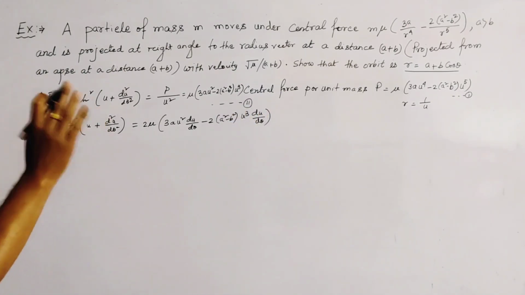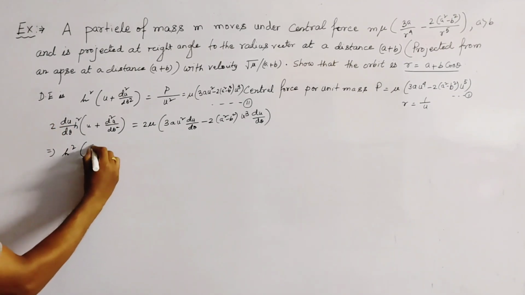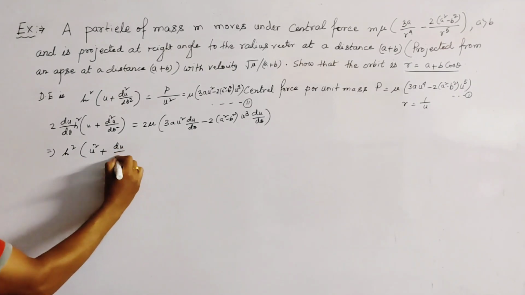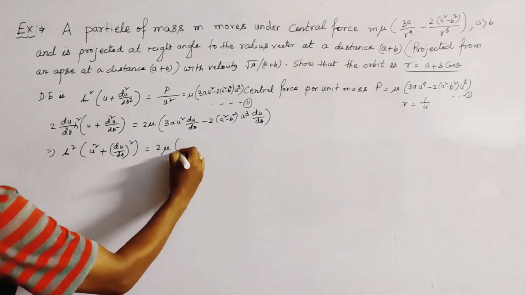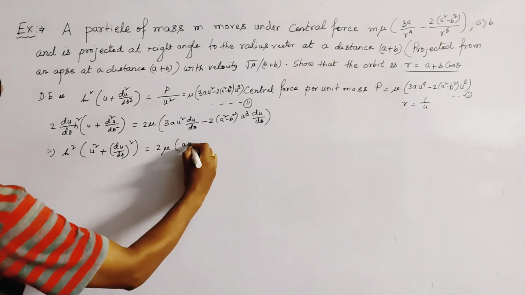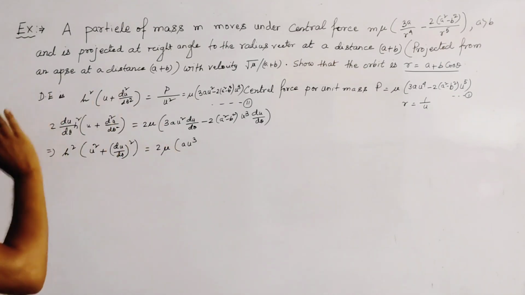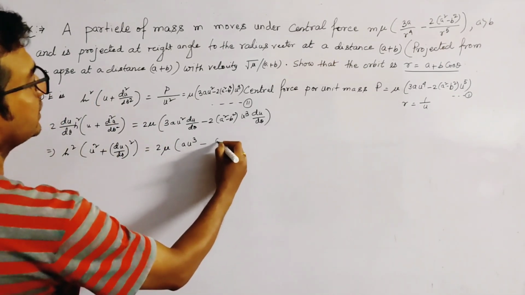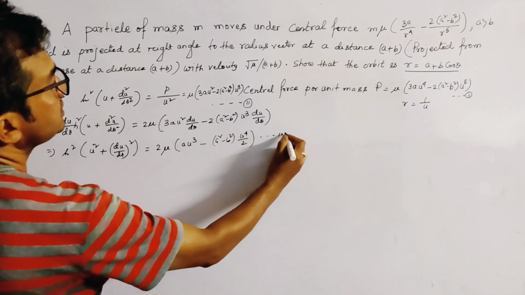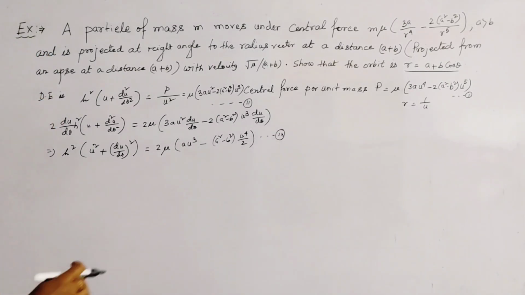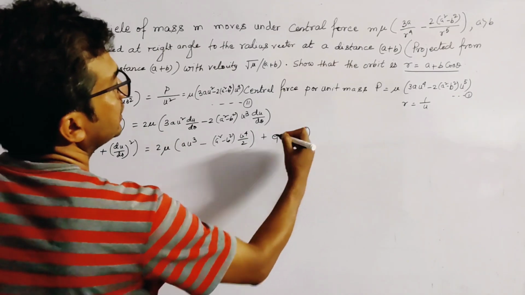Now integrating this result, we get h square into u square plus du by d theta whole square, equal to 2 mu into a u cube, because the integration of u square is u cube by 3 and 3 cancels out, minus a square minus b square into u to the power 4 by 2. Sorry, there will be another integrating constant, let it be c1. This is number 3.